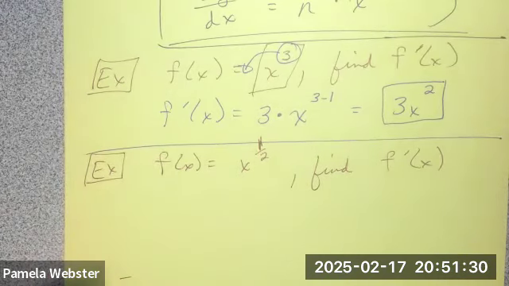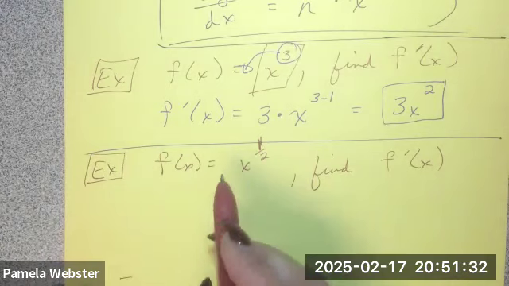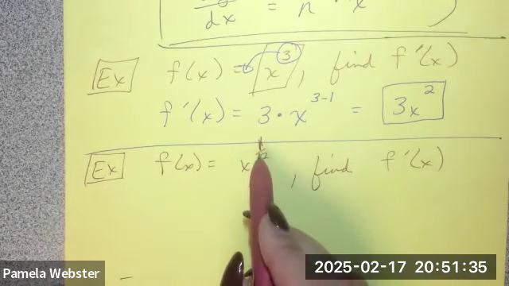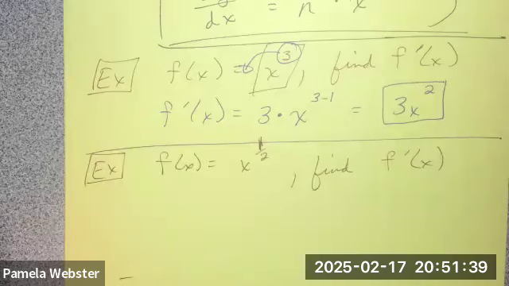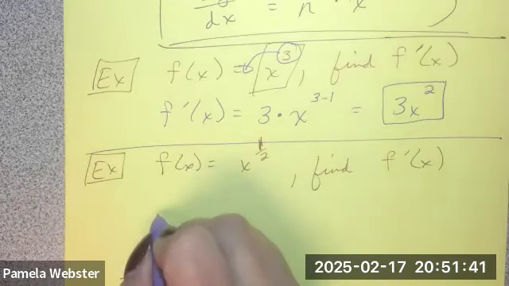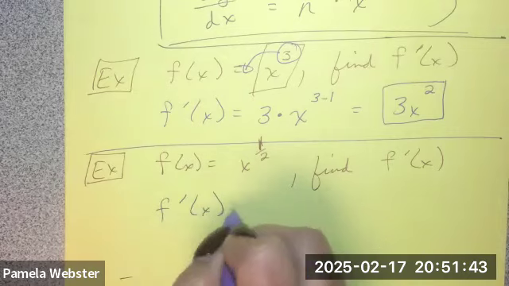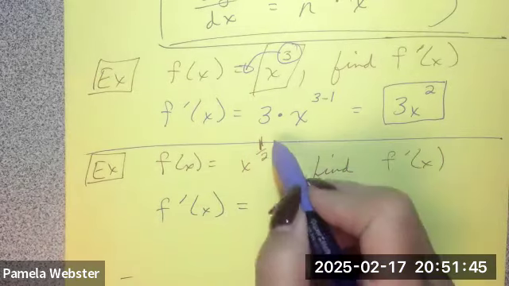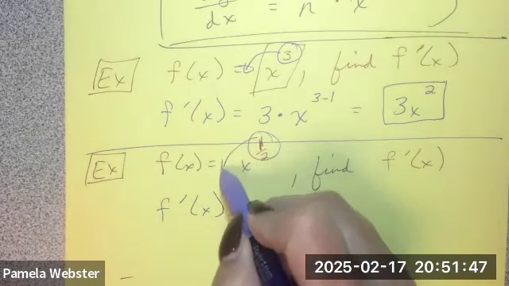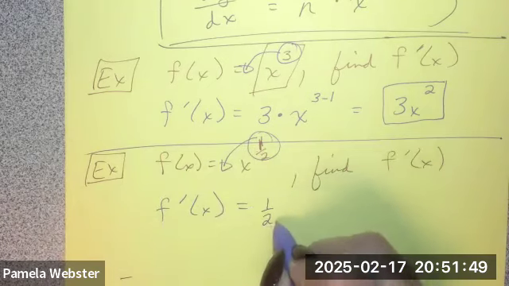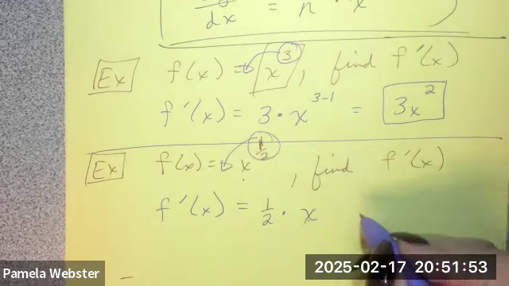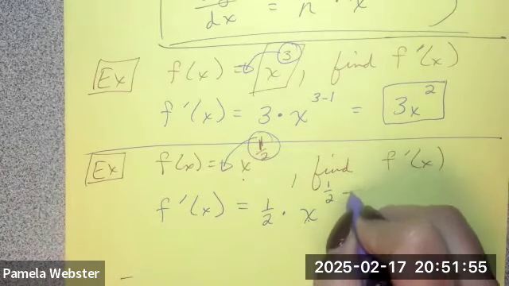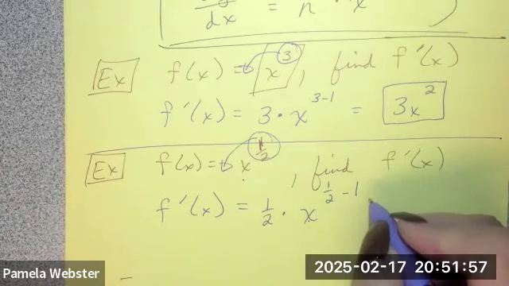All right. So they all work the same exact way. Only thing you can't have up there and use this power rule on is if you had an imaginary number. Okay, so no imaginary numbers. Everything else works. Okay, so what's the rule? Take your exponent, write it out front, 1/2 times x, write your variable, don't forget him, and then subtract 1 from your exponent.